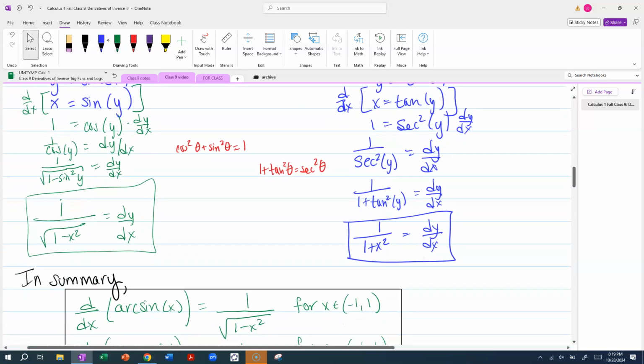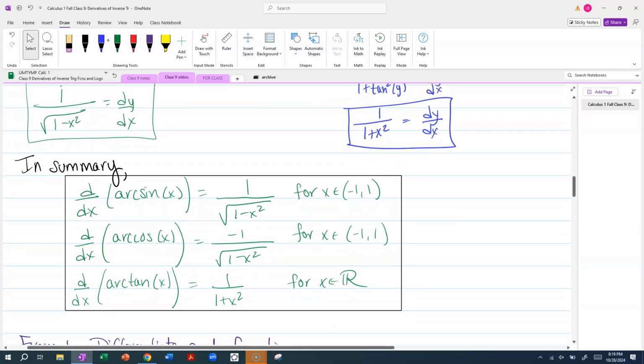And so the summary there: we have the arcsine and arctangent derivatives that we already saw, and then our cosine. Now, these domains here, keep in mind these would be the ranges of the original functions, so that's why we see this. Similarly, we could limit the ranges to be between negative pi over 2 and pi over 2, 0 and pi, and then all real, or negative pi over 2 exclusive.